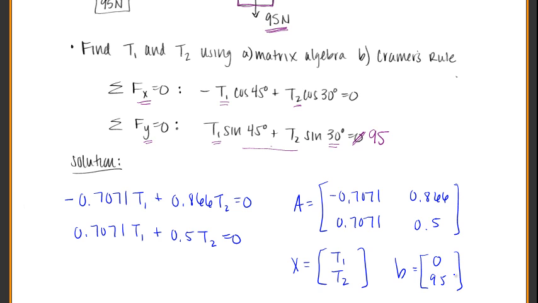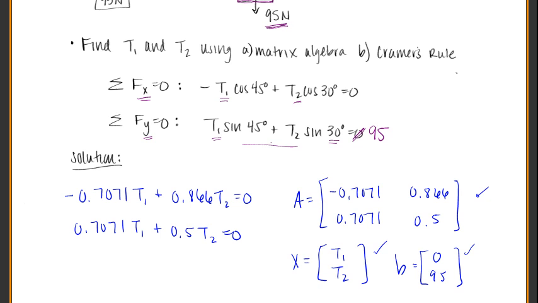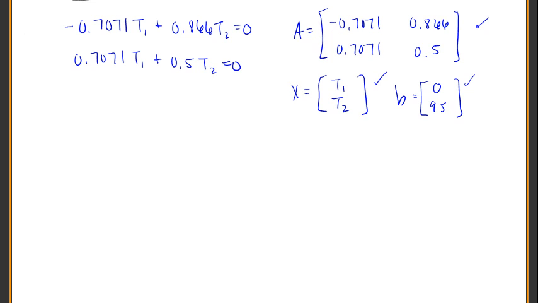Okay, so built off of these three matrices right here, we can, one, solve this using the matrix algebra, and two, by Cramer's rule. So coming down just a little bit more, here's the matrix algebra.